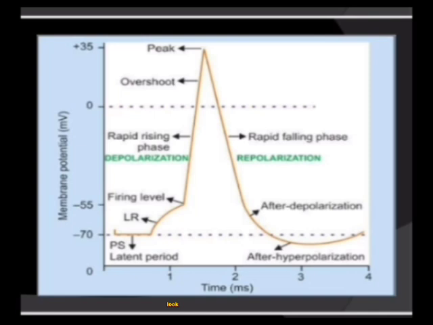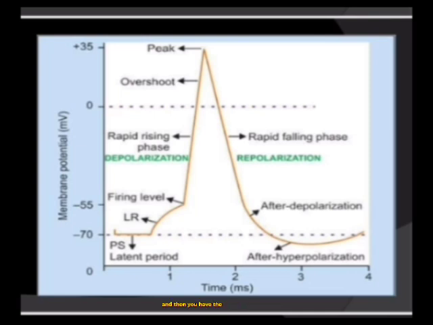Look, the mechanism is simple. First, you must note that there are 3 main pumps on the surface of the cell membrane. The first is the sodium ion pump or sodium ion channel. The second is the potassium ion pump or potassium ion channel.